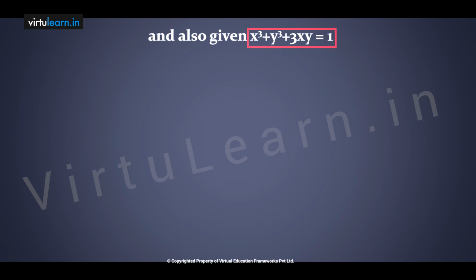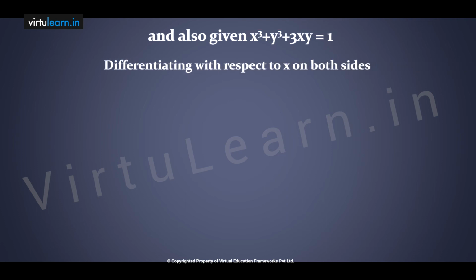Also given x cube plus y cube plus 3xy equal to 1. Now, differentiating with respect to x on both sides, we are doing ordinary differentiation here. Partial differentiation is different and ordinary differentiation is different.